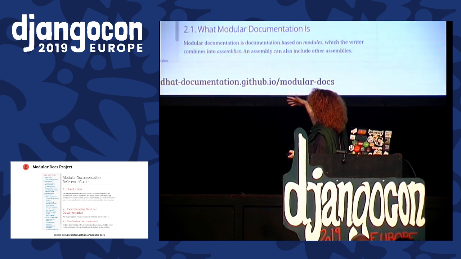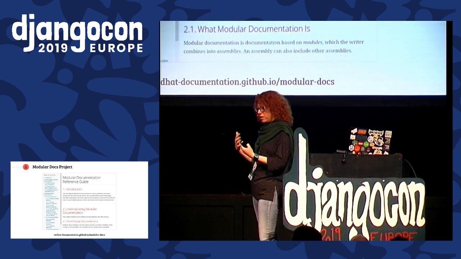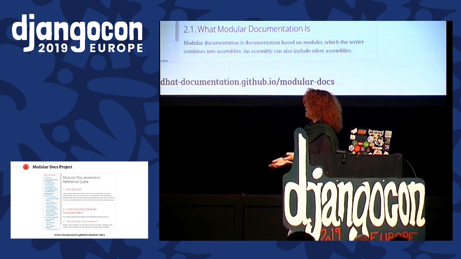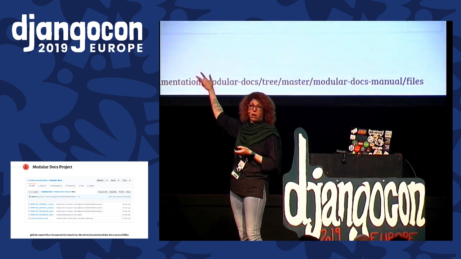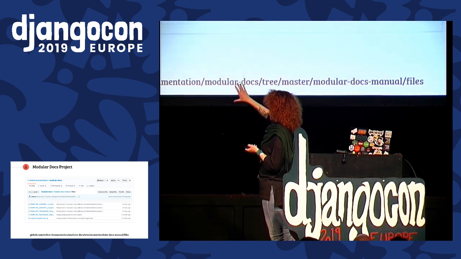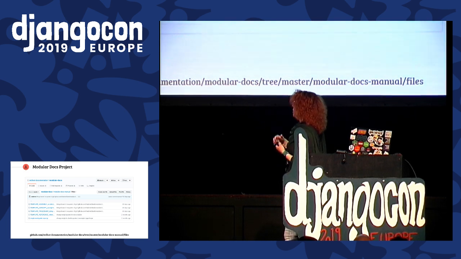This is based on the topic-based architecture, which breaks topics down into concept, task, and reference, which is fairly standard in the tech writing world. But what I like about this is we have templates. There are templates here for, for the most part, the most common documentation types you will need.